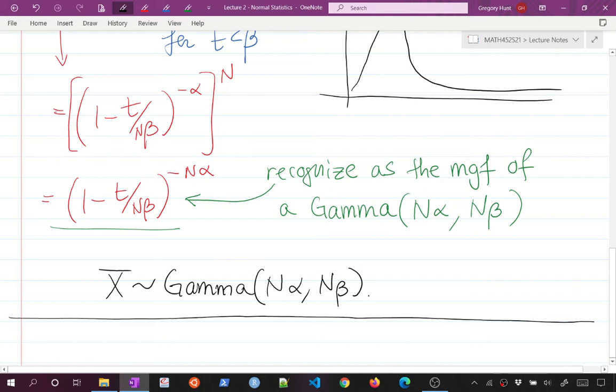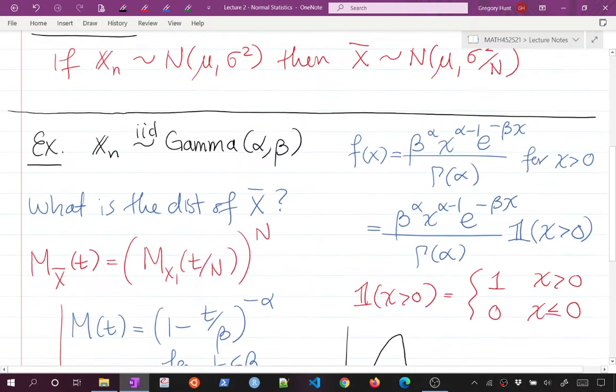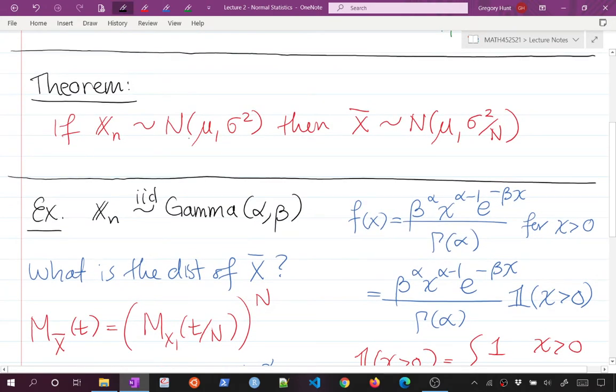You could do this with other distributions. You could pick your favorite, and you might be able to recognize the distribution of x bar. Not always, but sometimes. And this is nice because we're kind of expanding our world. Intro statistics gave this brute fact: if x's are normal, x bar is normal.